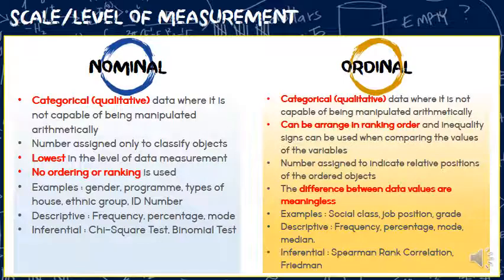So kita tengok the first scale of measurement, which is nominal scale. Nominal scale ni, macam saya cakap tadi, normally dia adalah categorical data where it is not capable of being manipulated arithmetically. You tak boleh nak tambah, you tak boleh nak tolak. Contoh saya tanya you kelas A, B, C, D. Dia dalam bentuk kategori. Number assigned only to classify object.